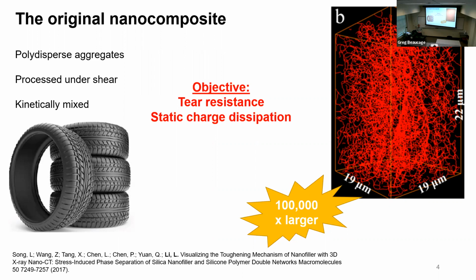You can do this in a TEM too, but in this case it's easier with X-rays. You can do it with neutrons too. That's what's giving you your tear strength, a network structure. It also gives you your conductivity. So all the properties you're looking for come from this, which is definitely micron size, but it's made up of little clusters of carbon black that have 3 levels to them.